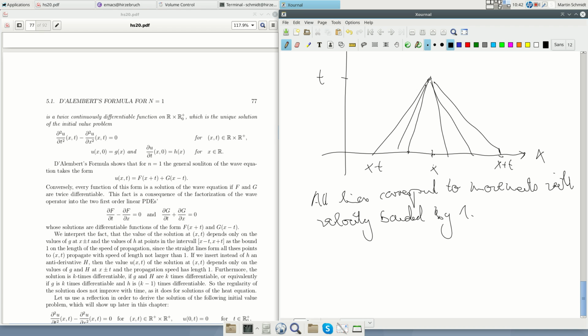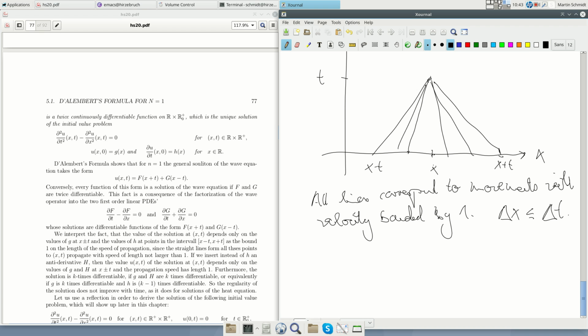Yeah, dx is smaller or equal dt along all these lines. And this means the velocity is smaller or equal to 1, the absolute value of the velocity, maybe we should say.